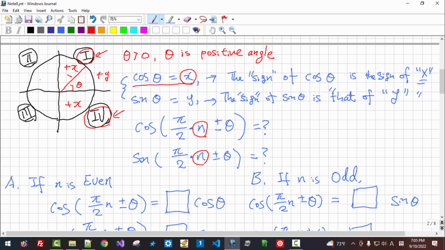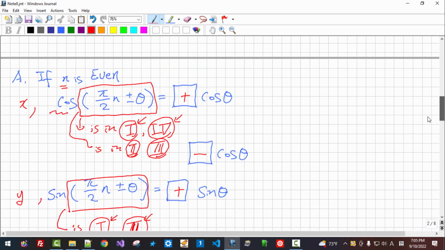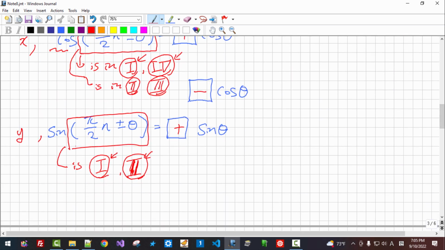In the second quadrant, y is positive. Now, if this angle is in the third or fourth quadrant, y is negative.